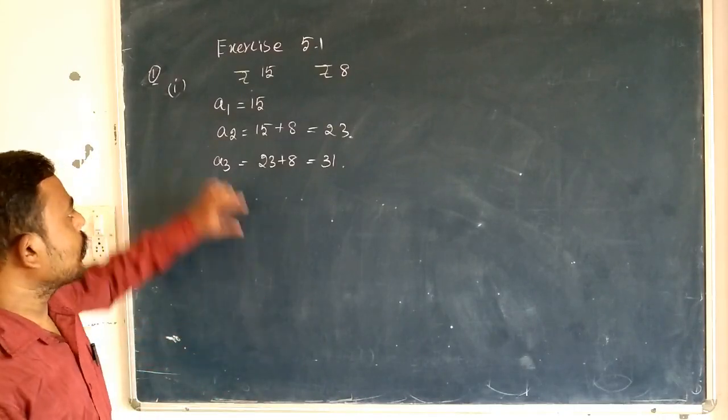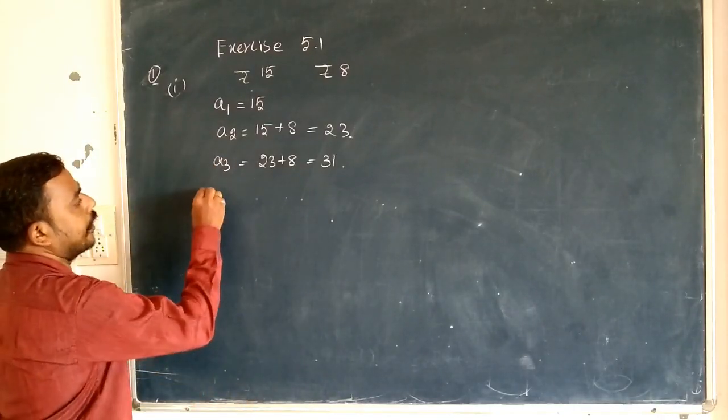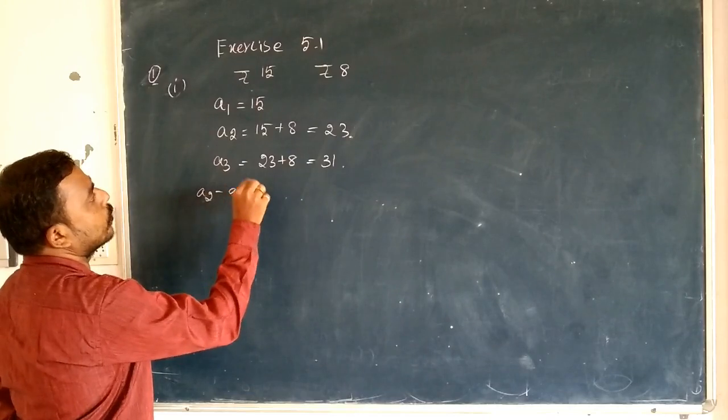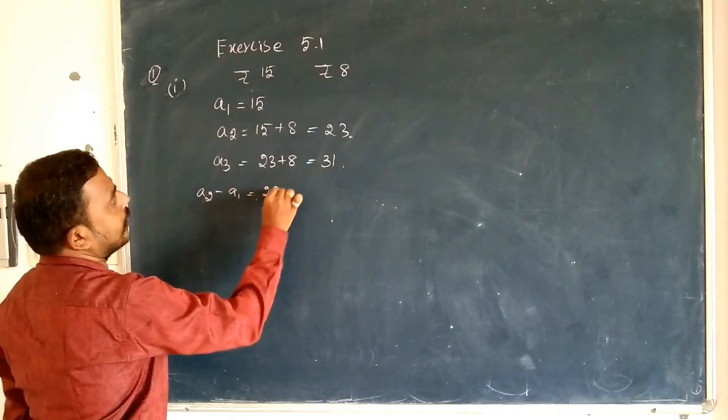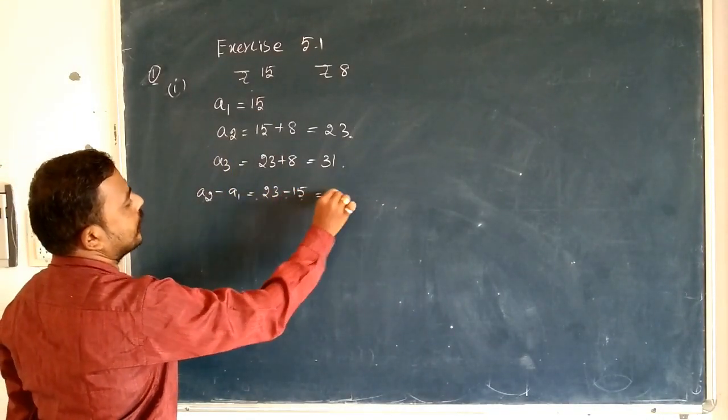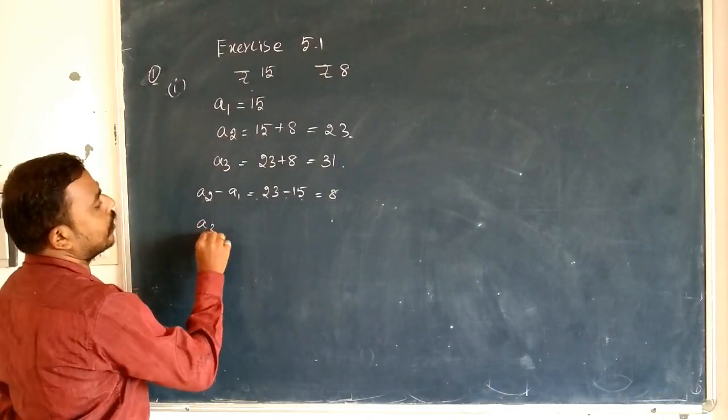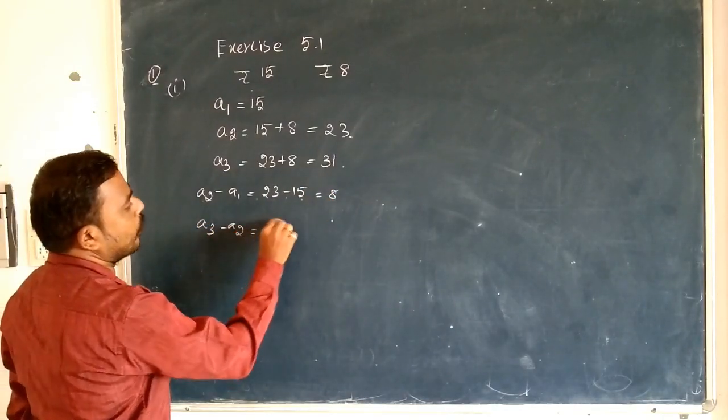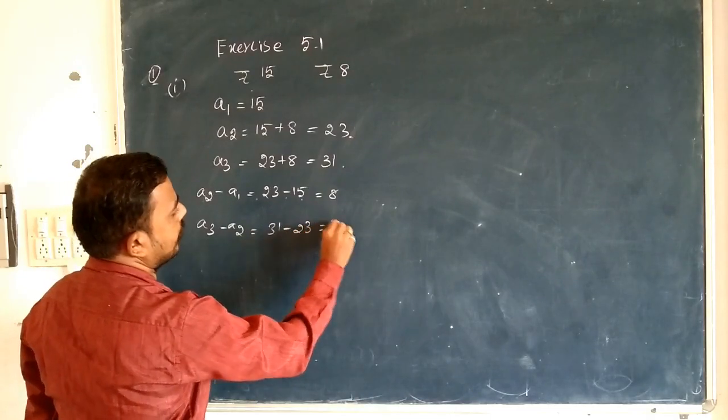Now think about this situation. A2 minus A1 equals 23 minus 15, so the value is 8. Similarly, A3 minus A2 equals 31 minus 23, and that value is 8.